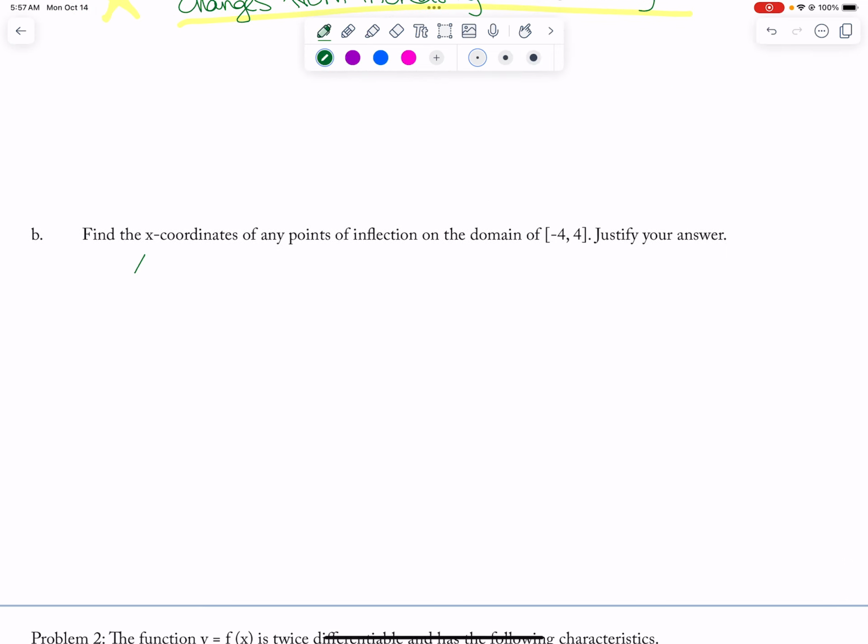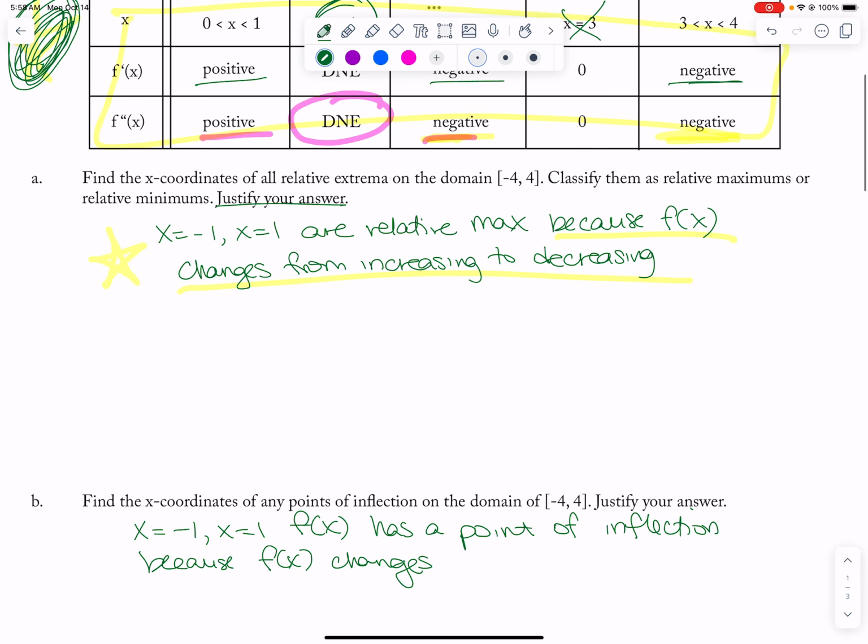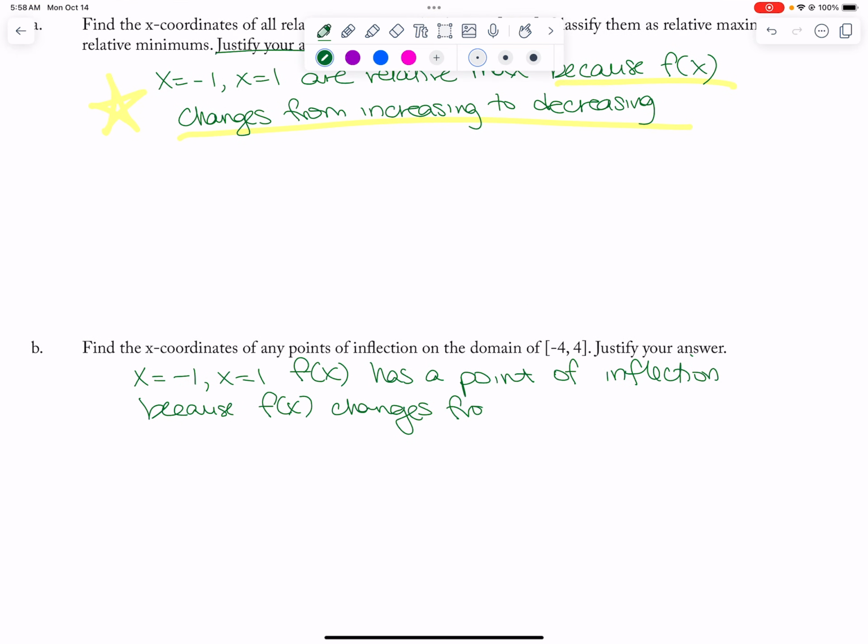So at x is equal to negative 1 and x is equal to 1, f of x has a point of inflection, because f of x changes from concave up to concave down at that value.